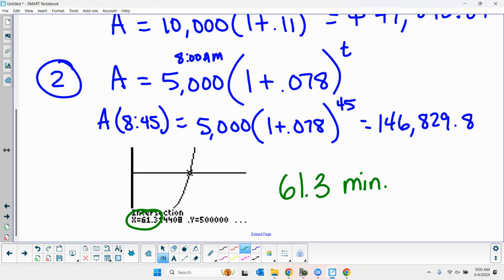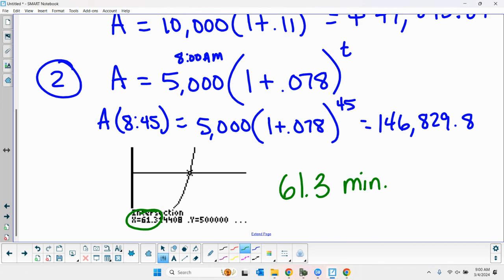Does it say to the nearest minute? No. But if you said 61.3 minutes, did you answer the question? Because it said at what time? So what time was that? 61.3 minutes after we started. What time of day is that? Yeah, but what time of day did we start?